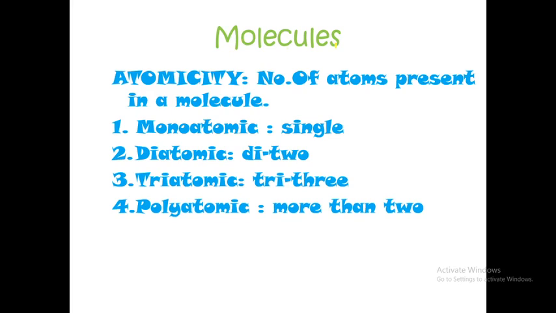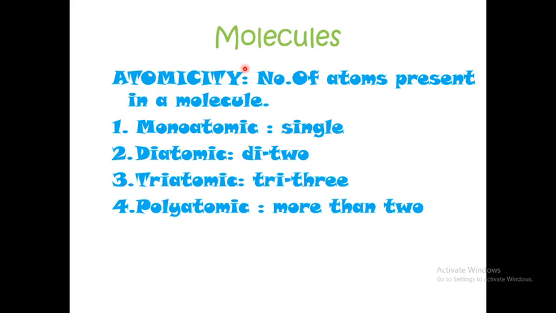Moving on to molecules. Now atoms usually do not exist independently. They generally combine among themselves to form molecules. And what are molecules? A molecule is the smallest part of an element or a compound that can exist independently.